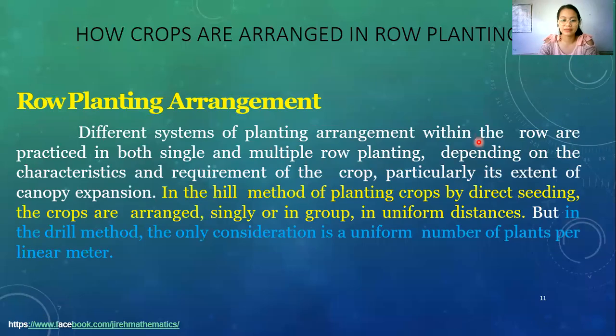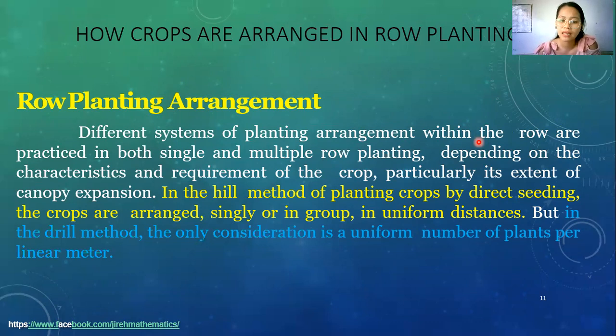Row planting arrangement also has different systems within the row, practiced in both single and multiple row planting, depending on the characteristics and requirements of the plant or crop, particularly its extent of canopy expansion.